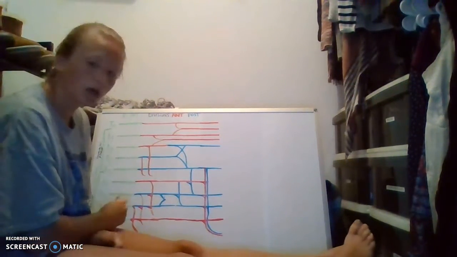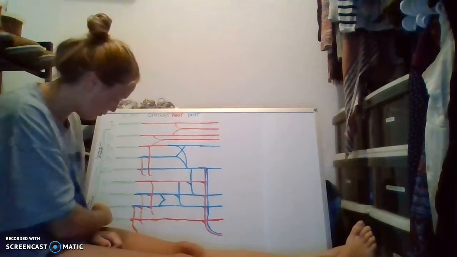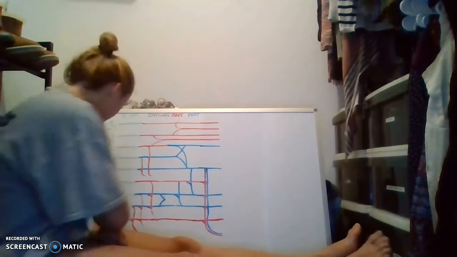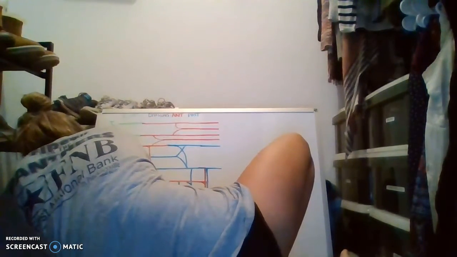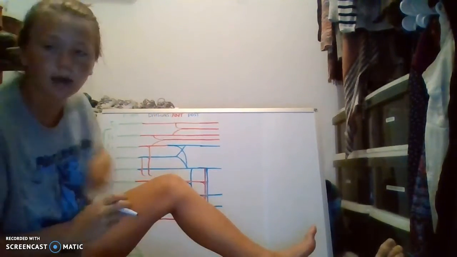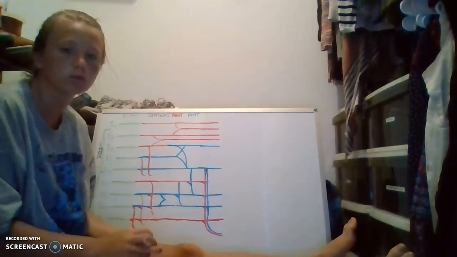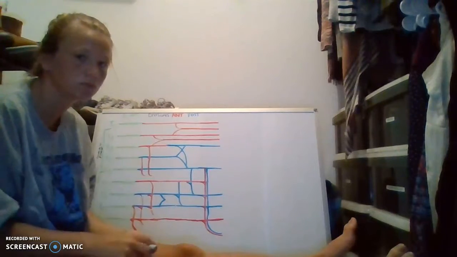And then your coccygeal plexus is going to be from S4 to CO1. And then from L4 to L5, that's going to be your lumbosacral trunk, and that's what's going to connect the two plexuses together.